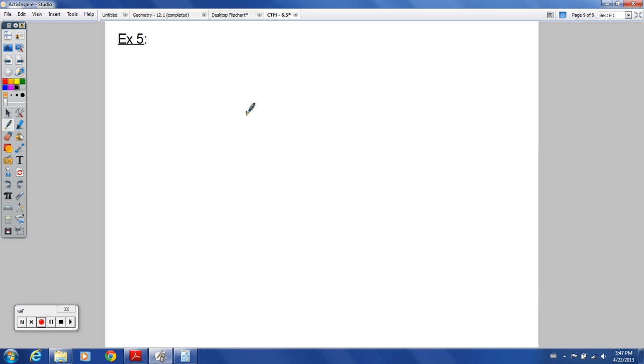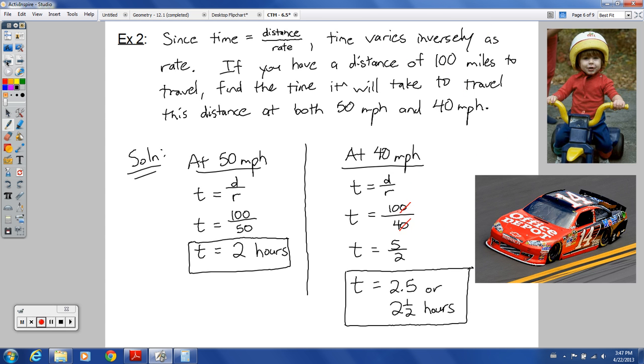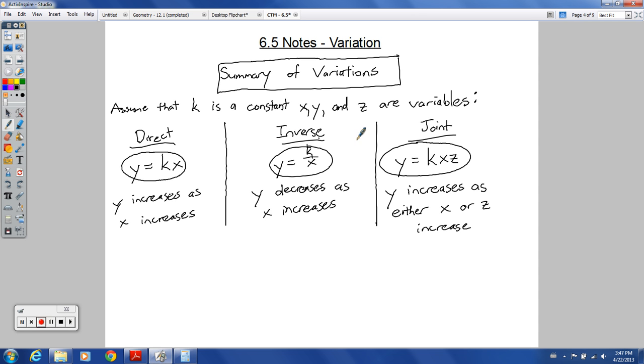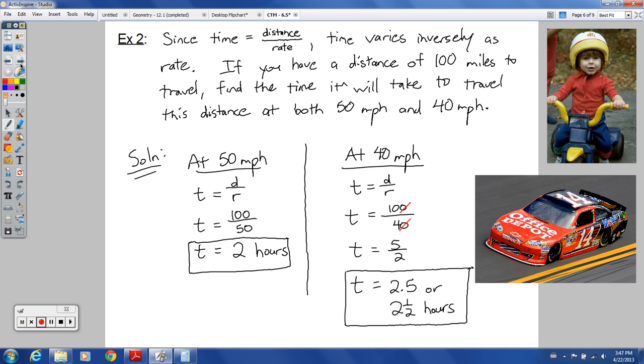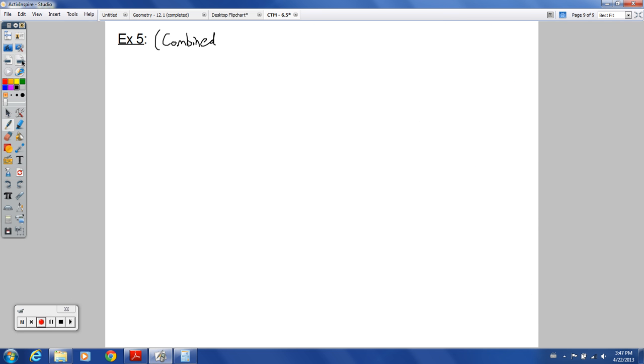And finally, example 5. This is something that's a little new. You can actually combine these formulas together. So direct, inverse, joint, you could combine those things together. You could have joint inverse variation. You could have a joint indirect variation. There's different ways to combine these things together.